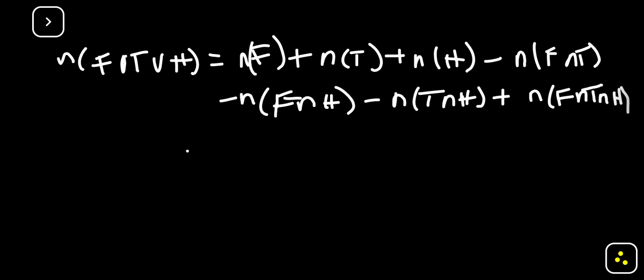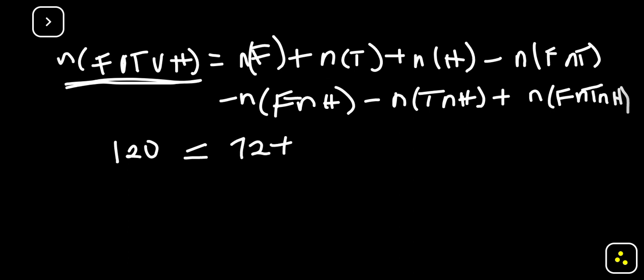We already know that this is 120, the total number of customers. The number of customers in First Bank is 72, plus Trust Bank is 65, plus Hallmark is 53.